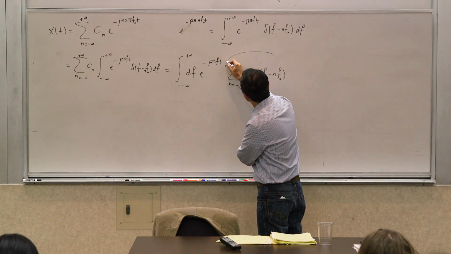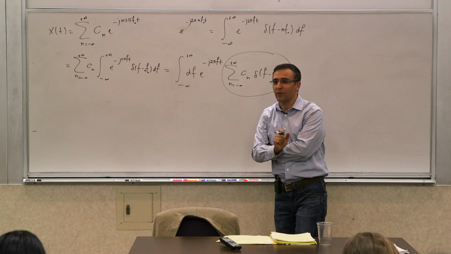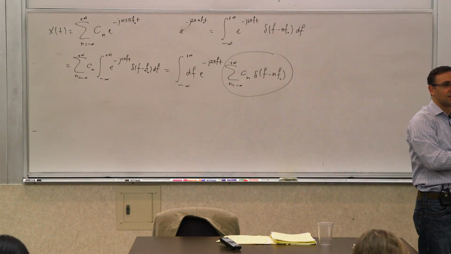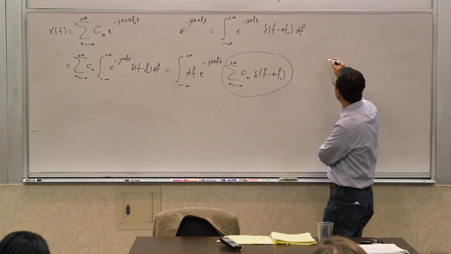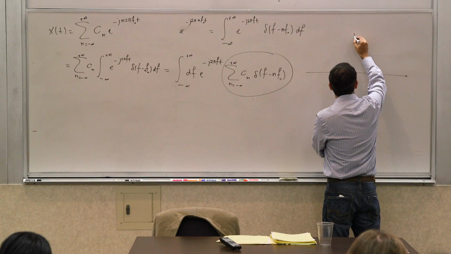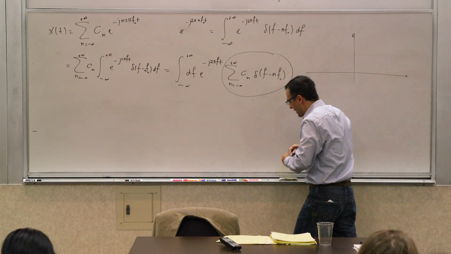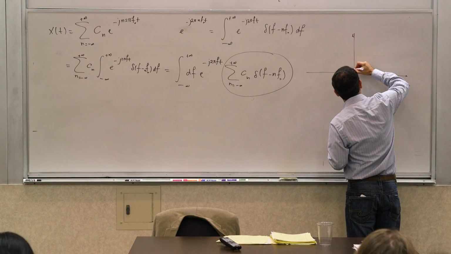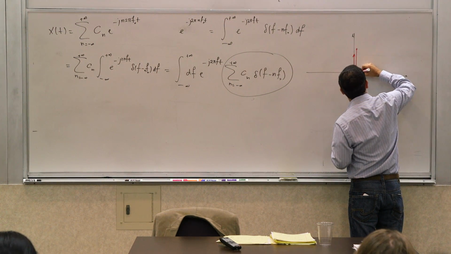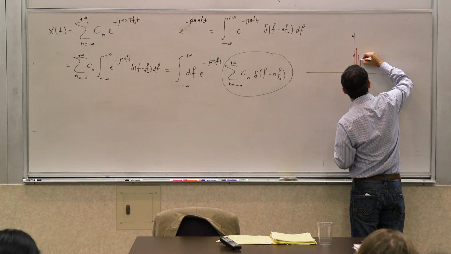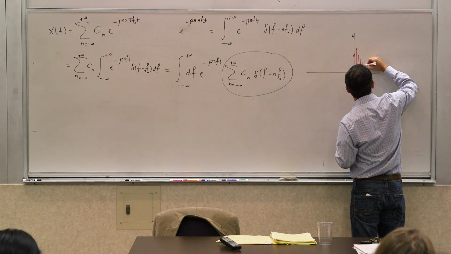But now, look at this quantity. This is just a function of f, right? What is this? If you think about it, this is a function that has multiple impulses at different locations, with the values of Cn as their areas.